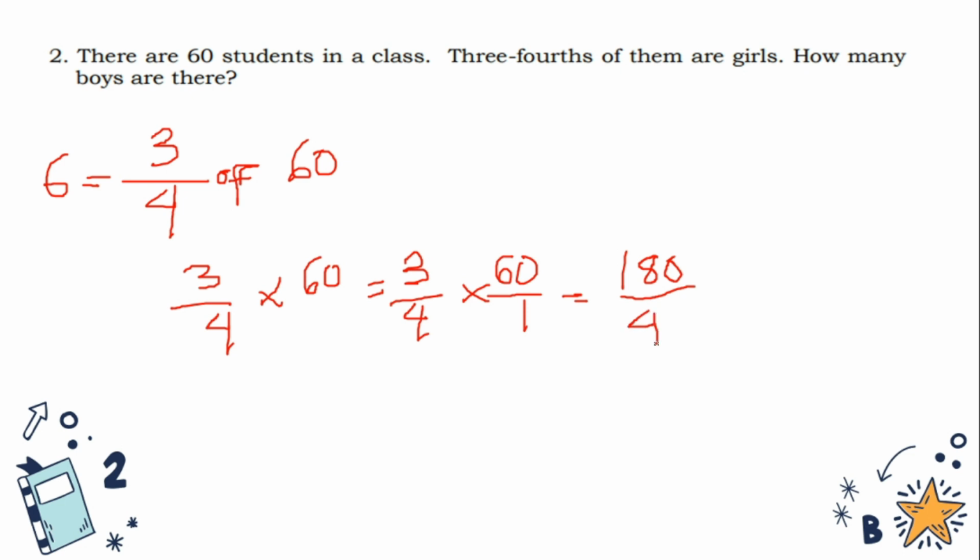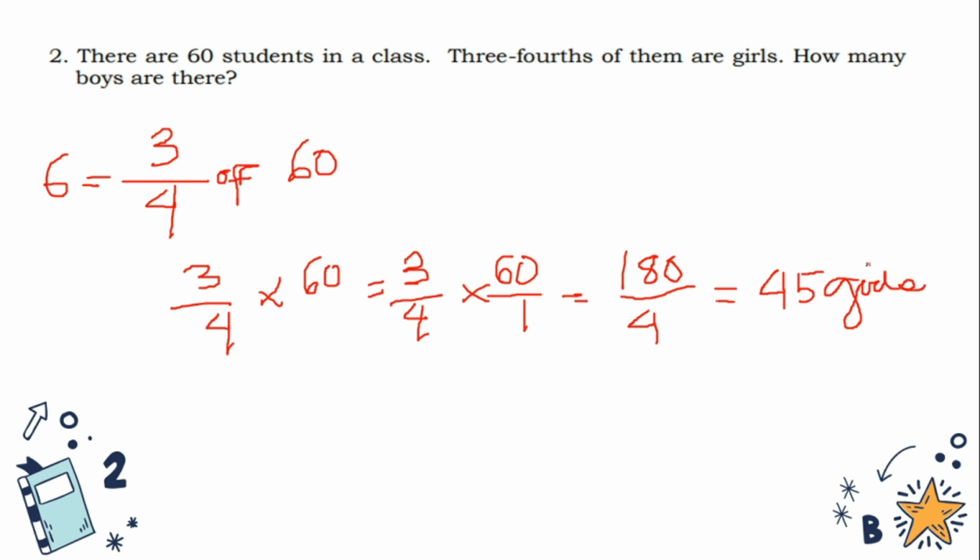Ayan, nagloko ang mouse ko. And then next is, we have there 180 divided by 4. That is equal to 45. Correct? So, meaning to say, we have 45 students na babae for girls. Okay, that is for girls.